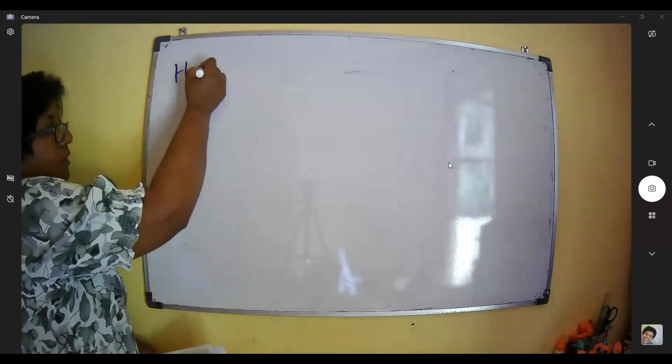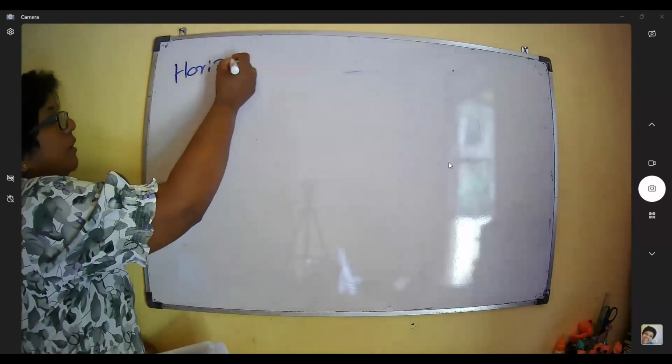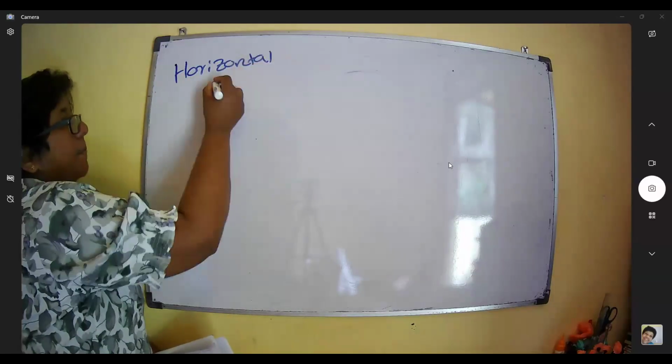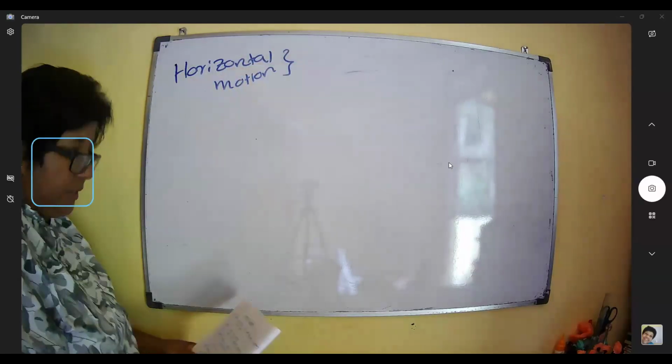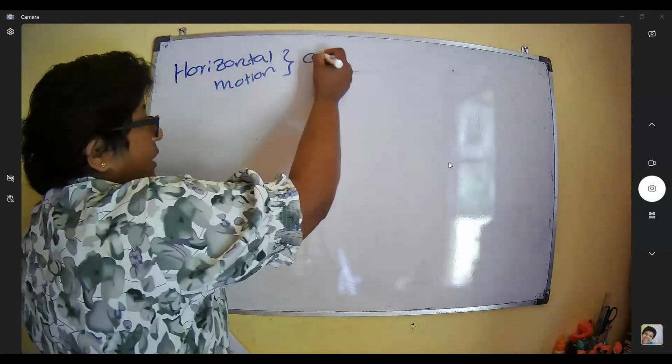The velocity components, these are the important things in projectile motion, right? Motion of an object projected into air under gravity we call projectile motion, right? Then here are two motions at the same time. One is horizontal motion, happening with constant velocity.